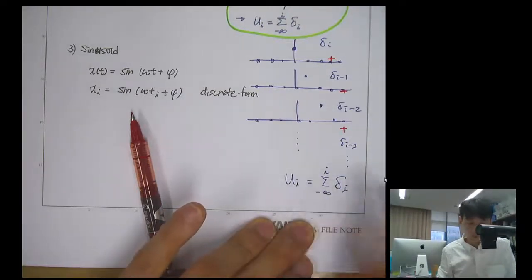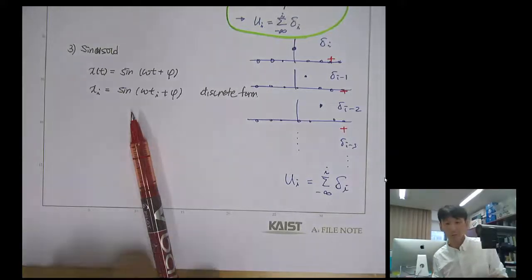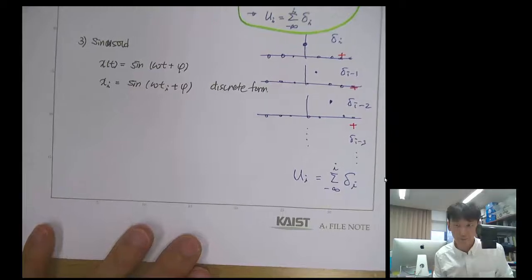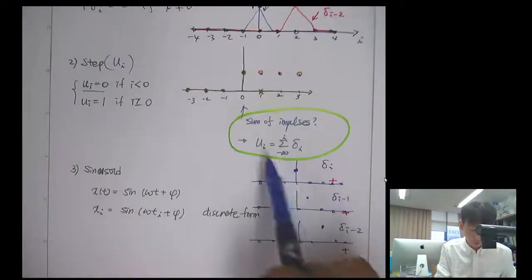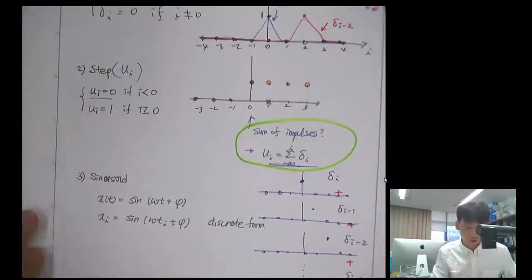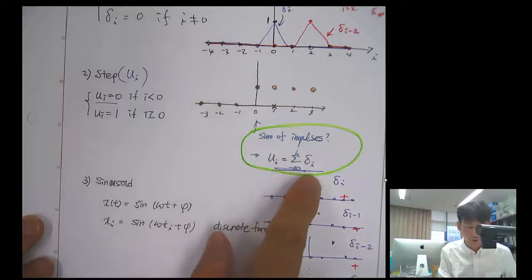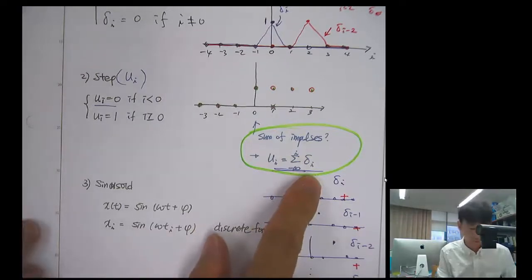That's u[i]. Good. So that's how you get this function. So the step function can be expressed as a summation of impulse functions.